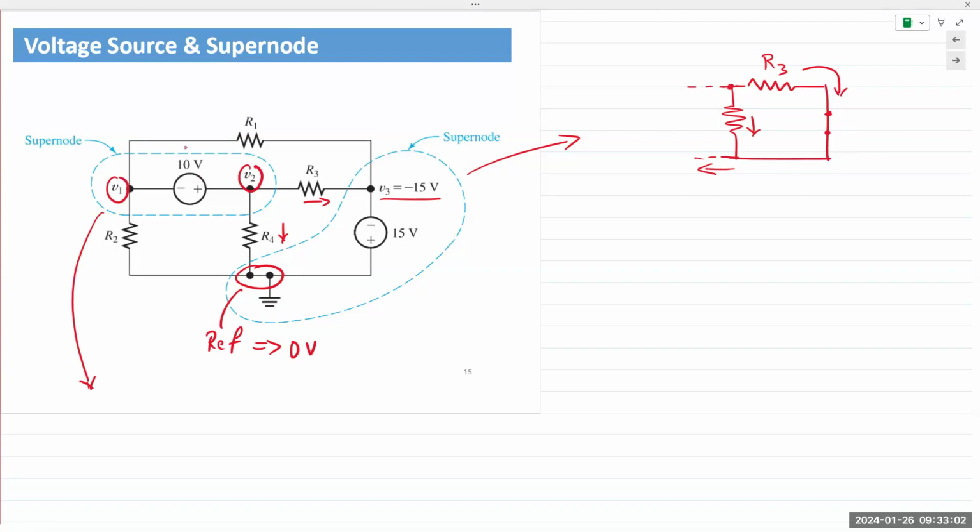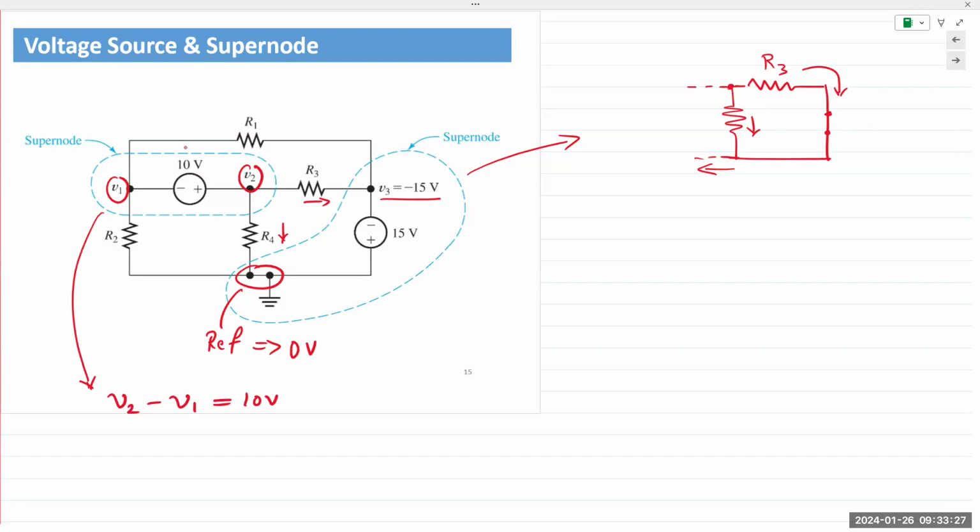Because there is a power supply connected there, positive end is of course higher, so I can write V2 minus V1 is equal to 10 volts.